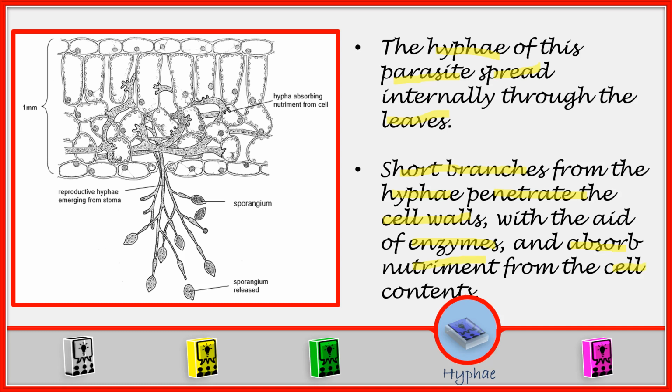So these hyphae go on penetrating into the cells, and as they penetrate the plant cells, they go on absorbing the plant nutrients, and thereby they cause damage to the plant cells.